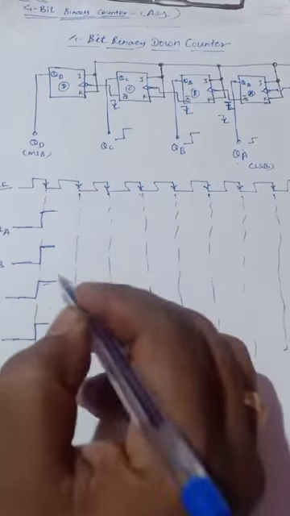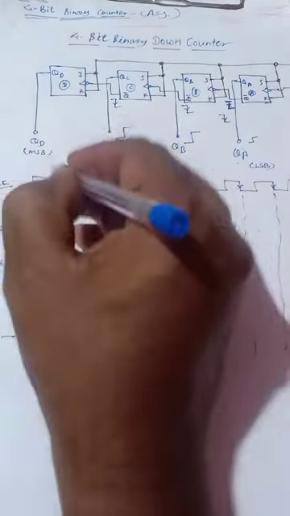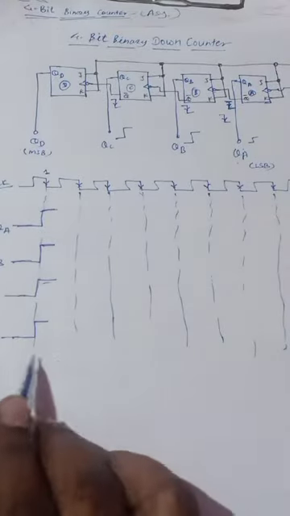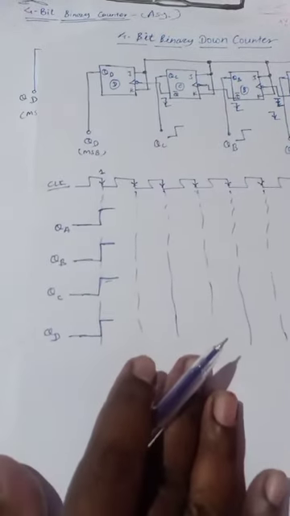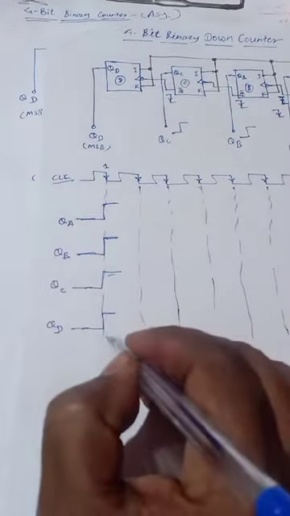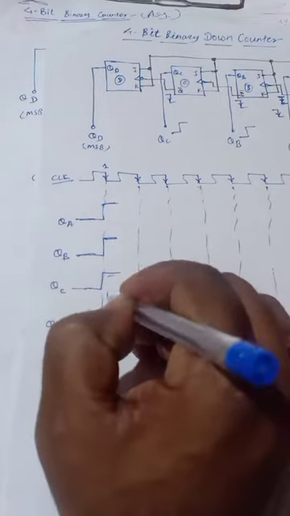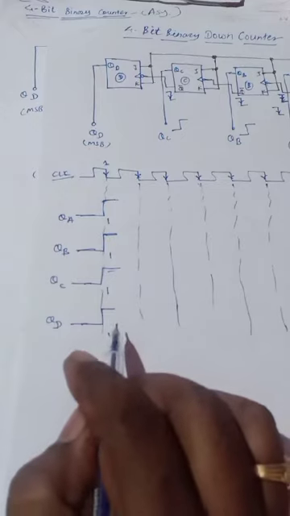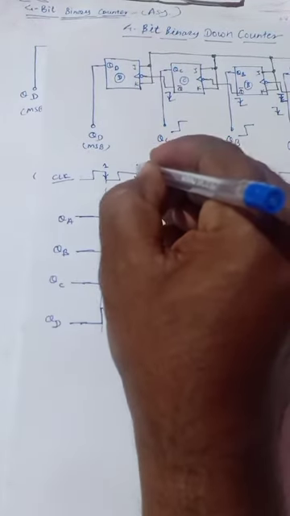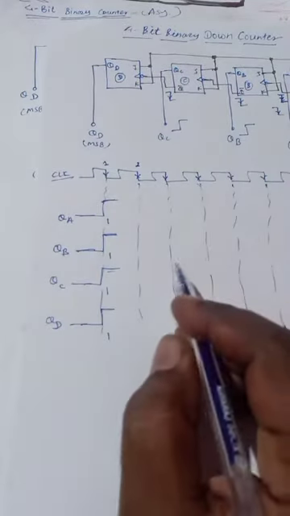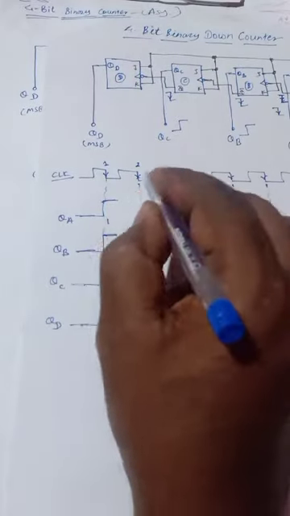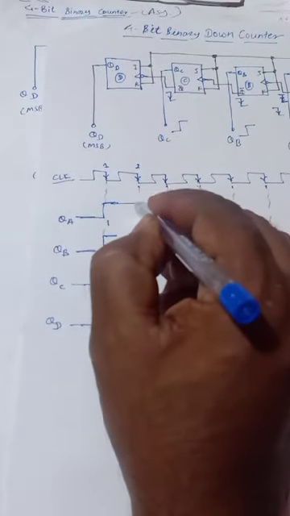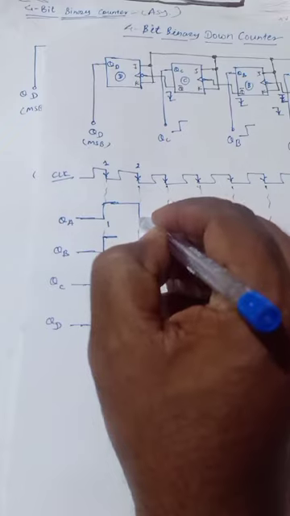So see here, at the arrival of the first clock, all the outputs of the flip-flops change and now it becomes 1 1 1 1. Okay, at the second clock, what happens? This toggles because directly it is negative.